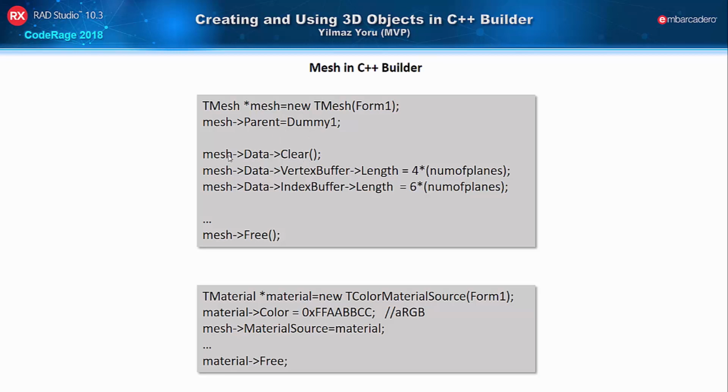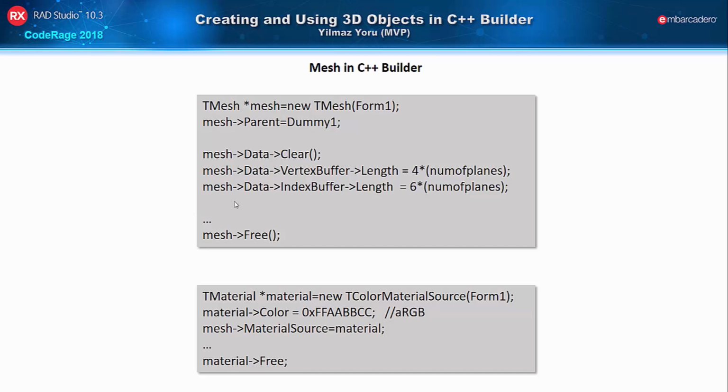After that, we should clear the mesh data, if there's something, and we should define the vertex buffer length as 4 multiplied by the number of planes, and the index buffer length is equal to 6 multiplied by the number of planes.